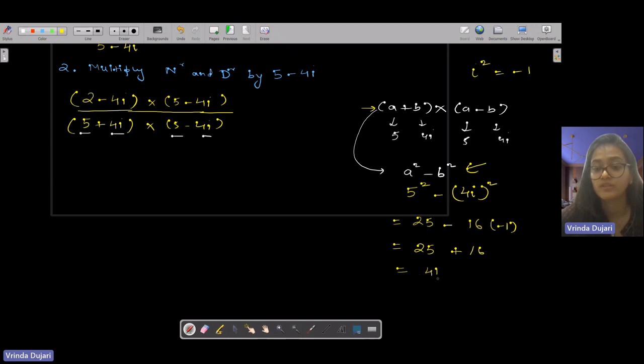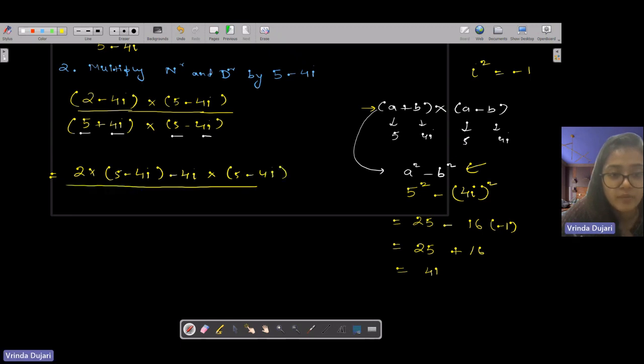So in the denominator, we are just left with 41. Now we'll simplify the numerator. I'll just distribute 2 minus 4i: 2 times (5 minus 4i) minus 4i times (5 minus 4i). And in the denominator, we just have 41.